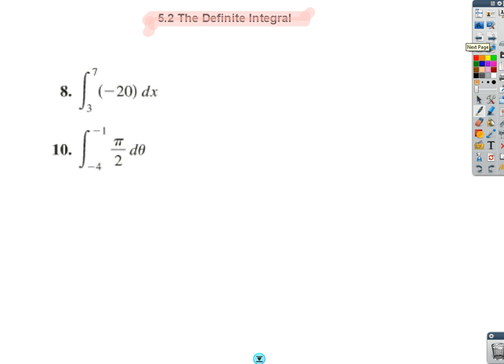For the next one here, I want to find the integral, which is my area, from -20. You need to draw this out. Draw out the function. So here's my function, and I'm going from 3 to 7.